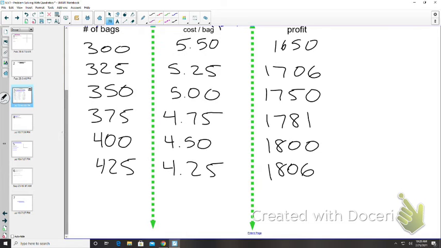And if we continue, 450 bags at $4 will yield $1,800.